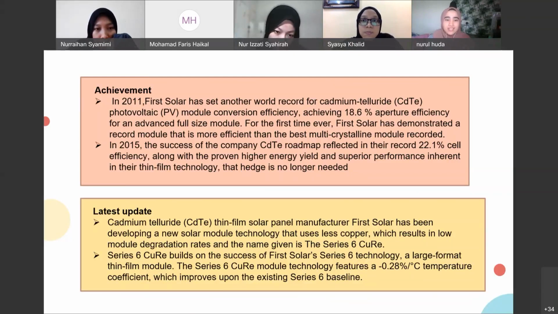Series 6 CuRe builds on the success of First Solar's Series 6 technology, a large format thin film module. The Series 6 CuRe module technology features a negative 0.28% temperature coefficient, which improves upon the existing Series 6 baseline.